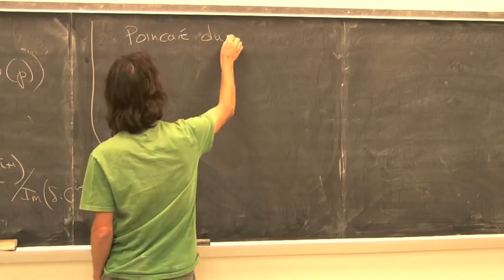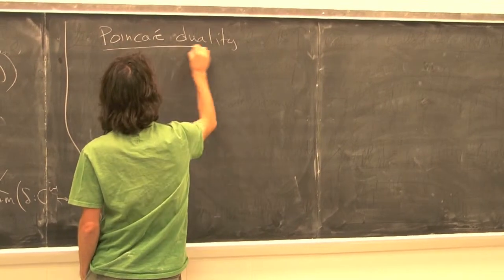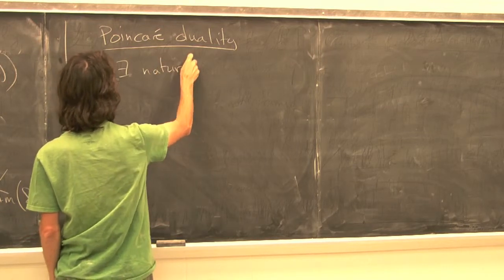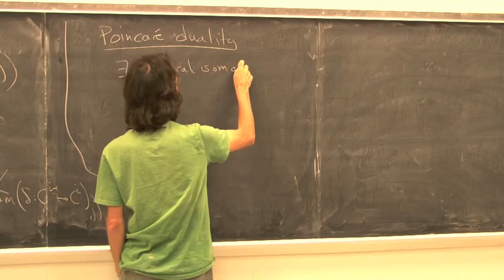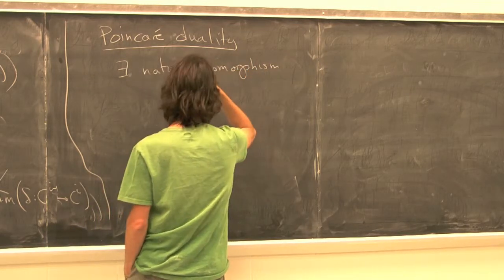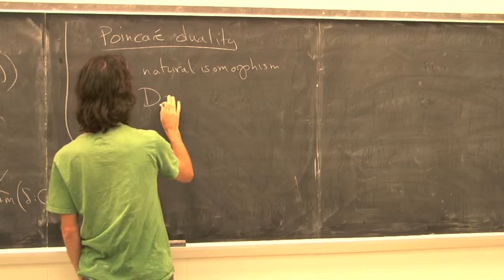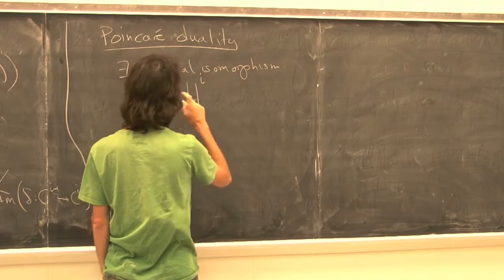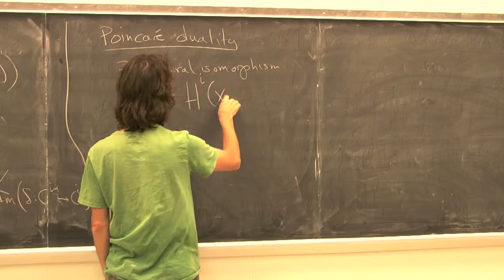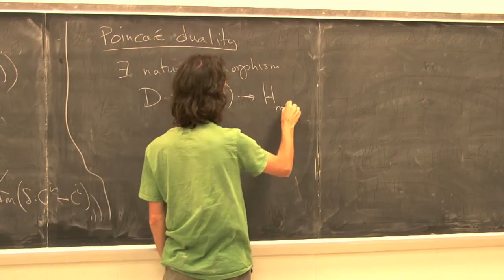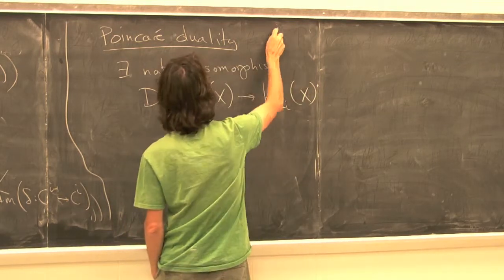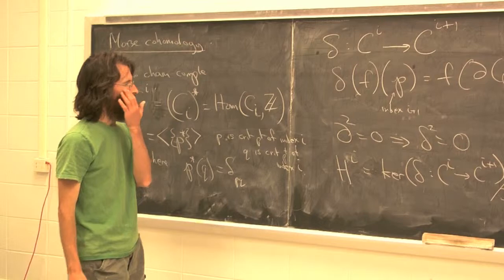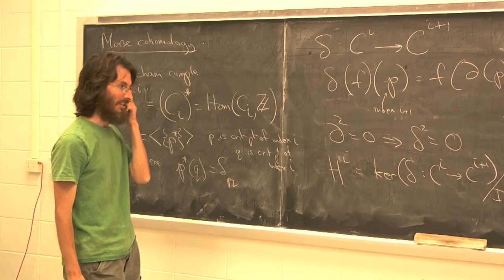So Poincare duality, let me just state it. Poincare duality says there exists a natural isomorphism D, for duality, from H upper I of the manifold X to H lower n minus I of X, where X is a ring.